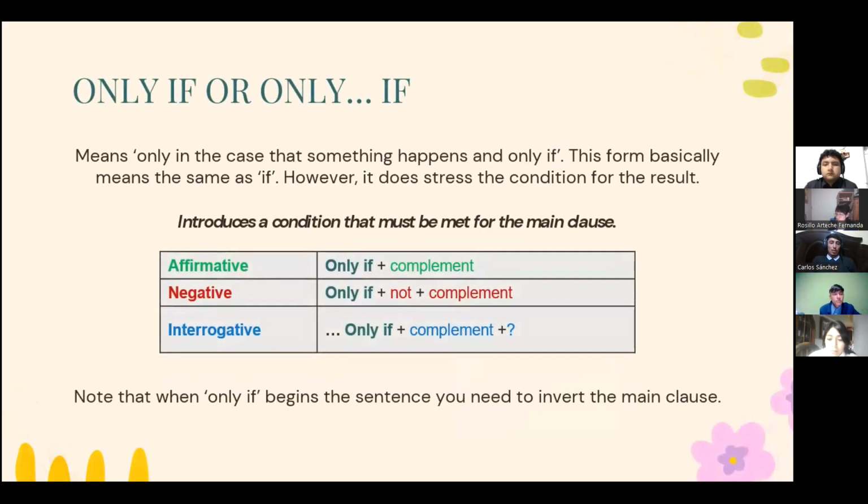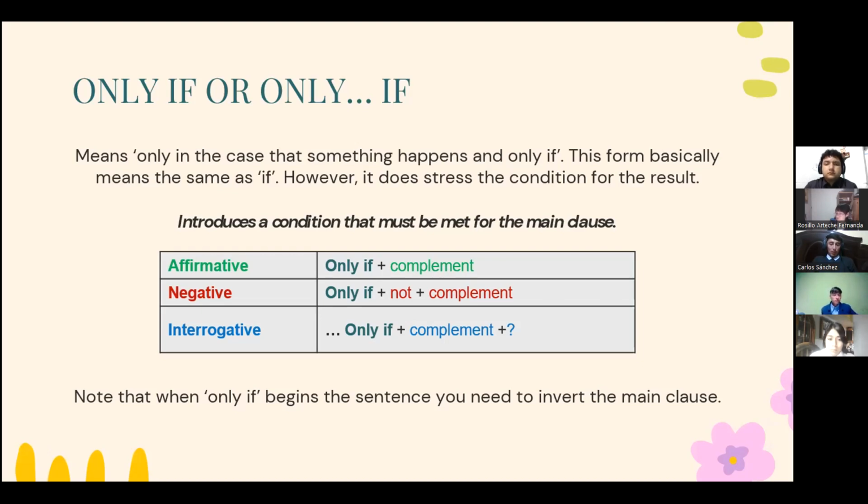The next clause is only if or only. It means only in the case that something happens. This form basically means the same as if. However, it does stress the condition for the result. It introduces a condition that must be met for the main clause. In affirmative, only if plus complement. In negative, only if plus not plus complement.